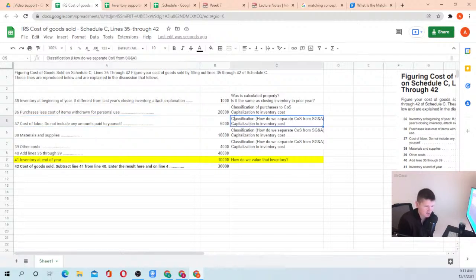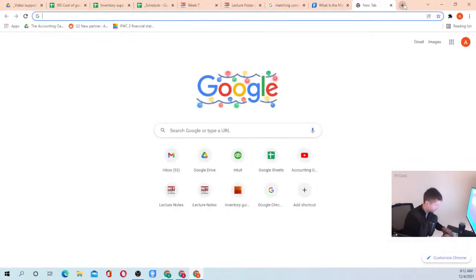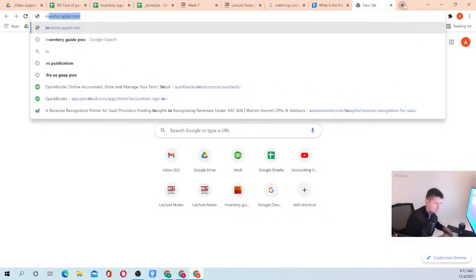And the answer to the first question is also somewhat covered in the inventory standard. In US GAAP and in IFRS, we do not have a specific standard on cost of sales. We have a standard on inventory. Let's open it.